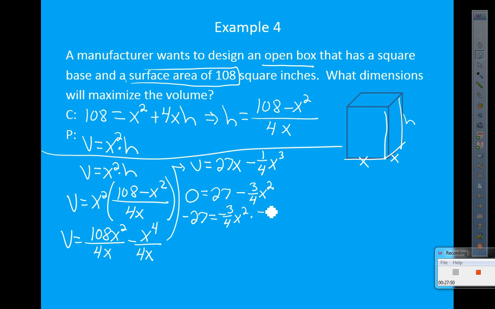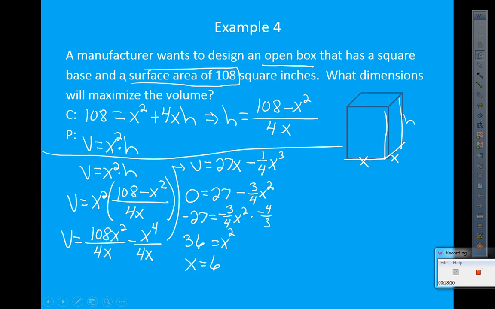I'm going to go ahead and multiply both sides by negative 4/3. So I've now got 108 equal x squared. How about 36? 3 goes into 27, 9 times 4 is 36. Duh. And then let's square root both sides, so I got x to be 6.